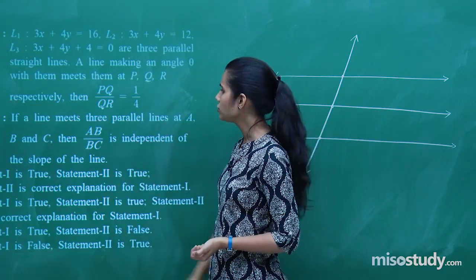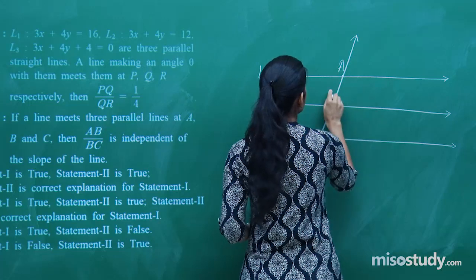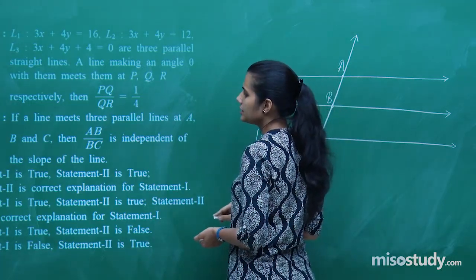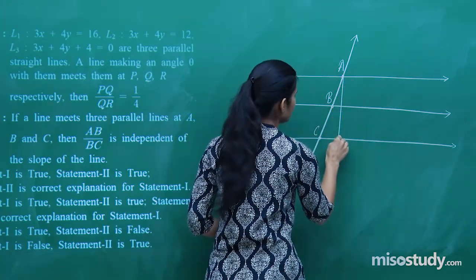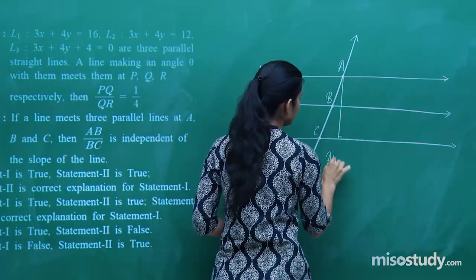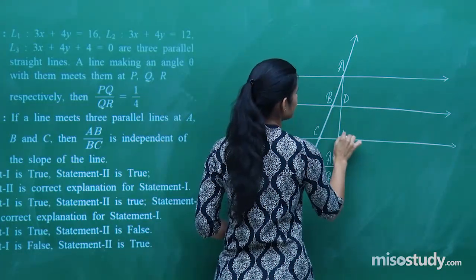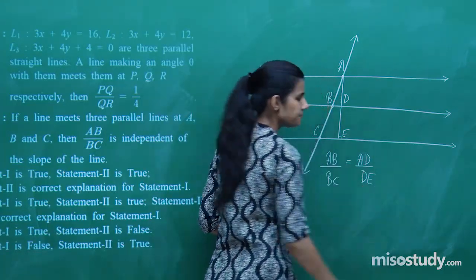Let's talk about statement 2. If this line meets three parallel lines at A, B and C, then AB upon BC is independent of the slope of the line. To show that, we drop a perpendicular, and you know that AB upon BC, suppose this is D and this is E, is equal to AD upon DE.